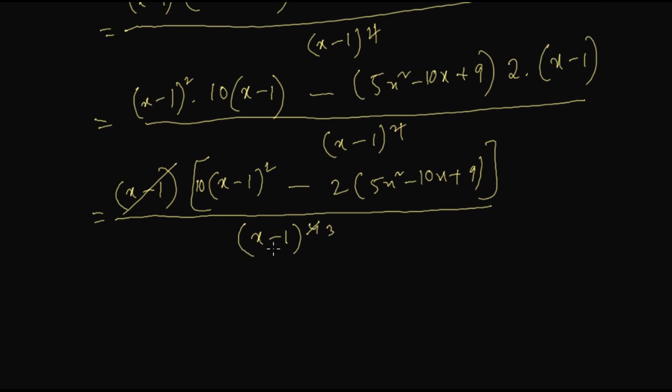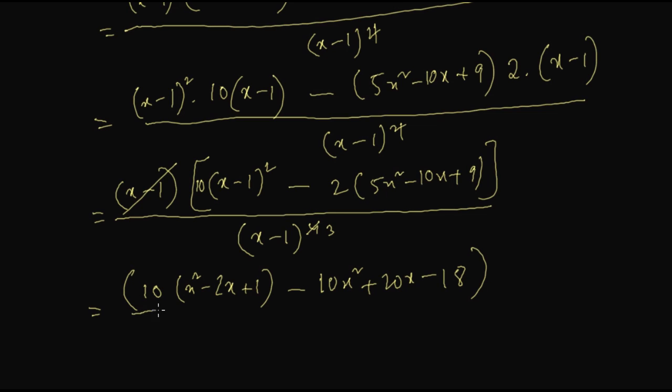So what we have here is, if we break this bracket, a minus b whole square is a square minus 2ab plus b squared, minus, if you multiply it with 2, 10x squared minus 2 into this is plus 20x minus 2 into this is minus 18, divided by x minus 1 whole cubed.